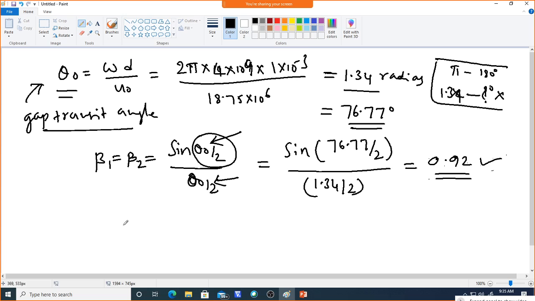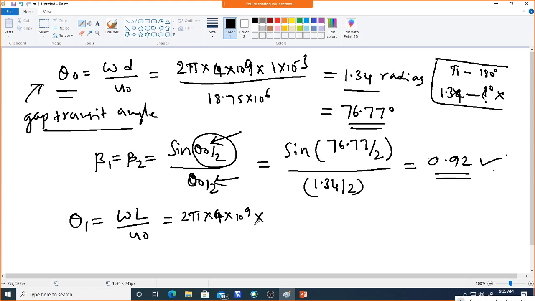Now we need to calculate the DC transit angle in the drift space. That is given by theta 1, which is nothing but omega L divided by u naught. This L is the spacing, which is given as 3 centimeter, and omega is 2 pi into the frequency, 4 into 10 power 9.